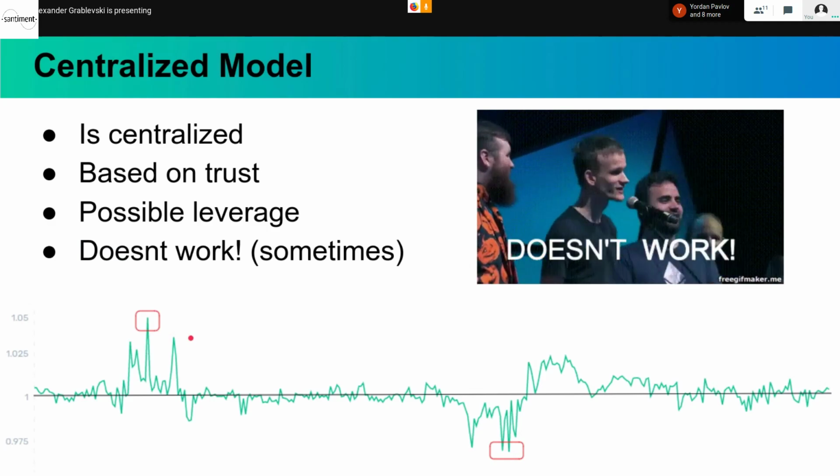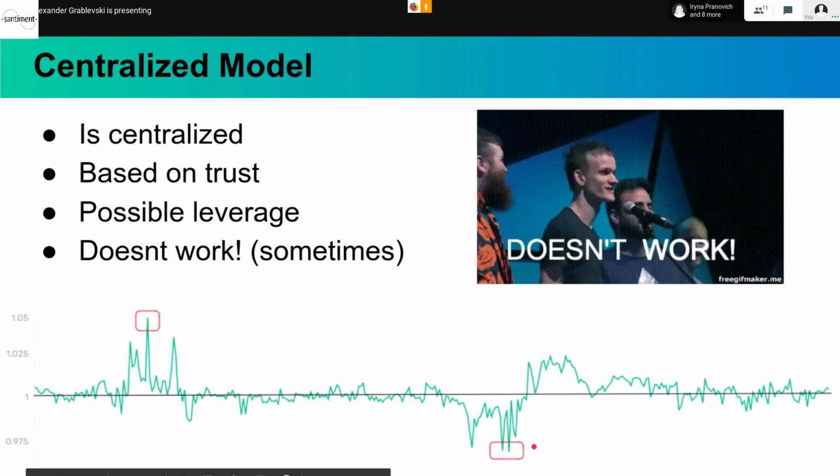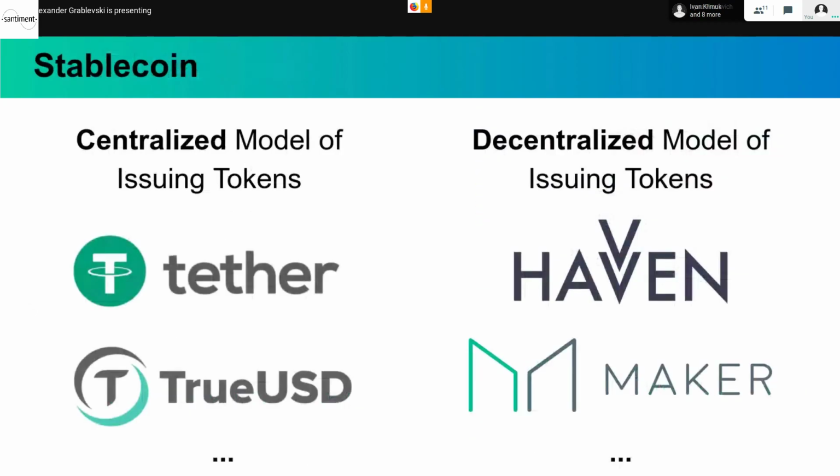And that's not actually a good story for a stablecoin, because it's intended to be as stable as it can. And when your stablecoin appears to cost 1.05, that's maybe not really good for you. So I can conclude this centralized model doesn't work well, at least for now.